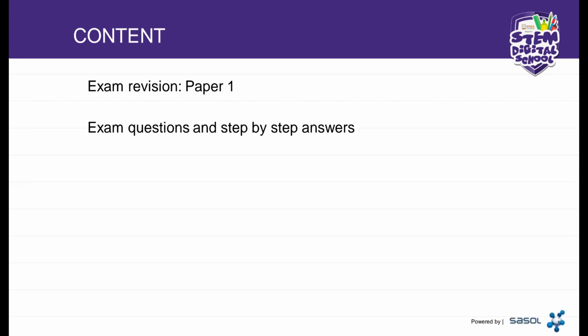They're not going to say this is this part of the syllabus. They're just going to write questions, and by reading through them you have to be able to identify the topic. So question and exam questions and step-by-step answers is what we're going to be getting on to today.